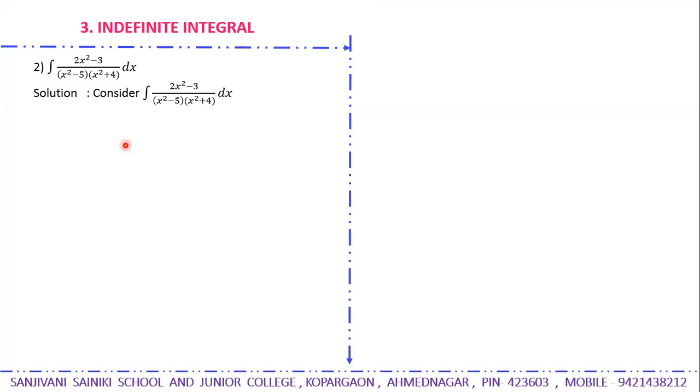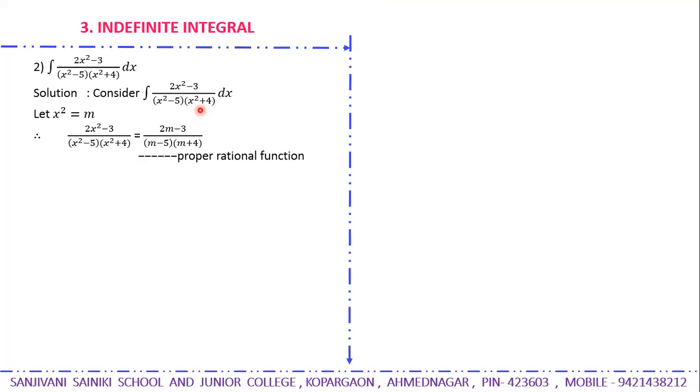Now look at this example. If you see carefully, each term where x is written, it is in the form of x square. In the denominator also x square, x square. So for such cases, when the power of x is the same everywhere, we use an alternative to find the partial fractions.